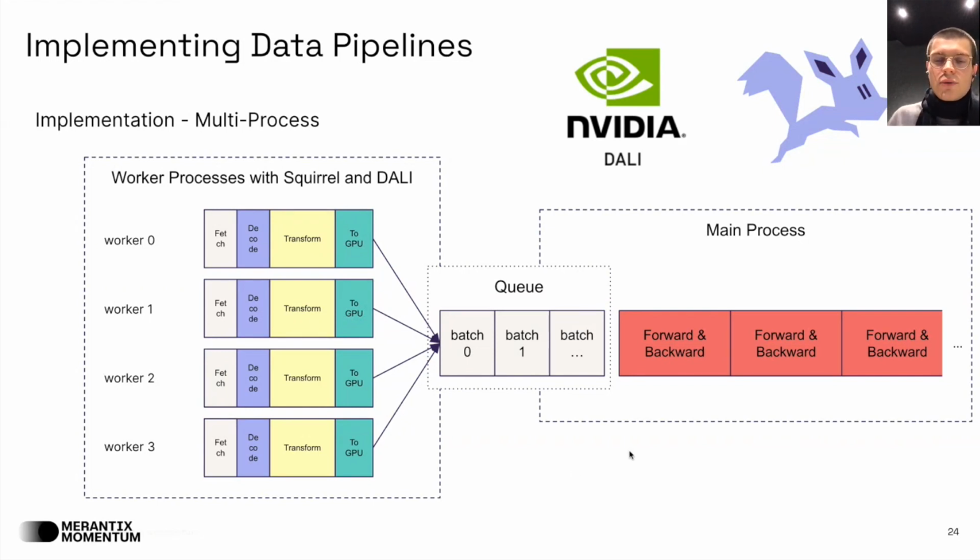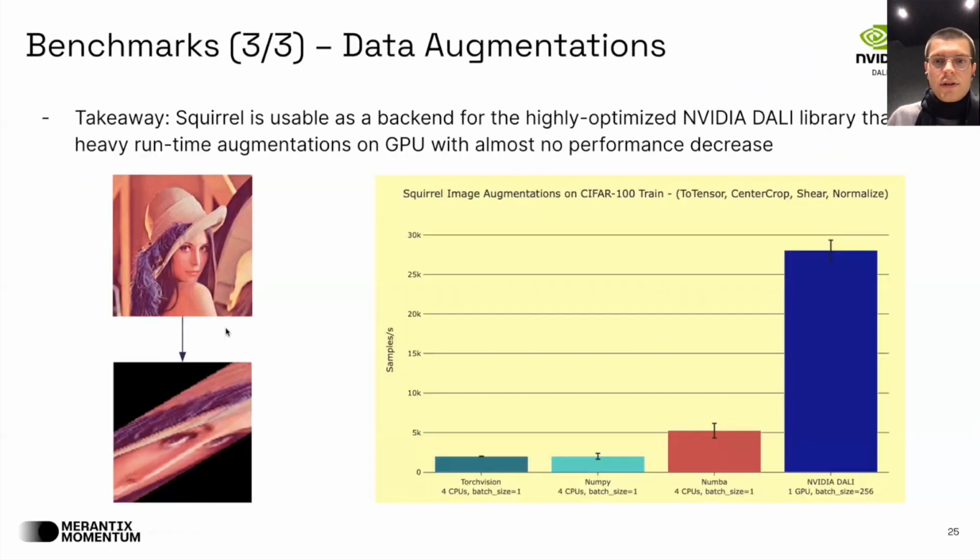And we've tried and tested this. So Nvidia and Squirrel, Dali and Squirrel really work together nicely. What are the benchmarks on this? If you were to process your image, for example, this typical computer graphics image into that one, which is a rotated, cropped and sheared image, then you get the following results on the right. If you compute it with Torch Vision and NumPy, you get like 2 or 3K samples per second.